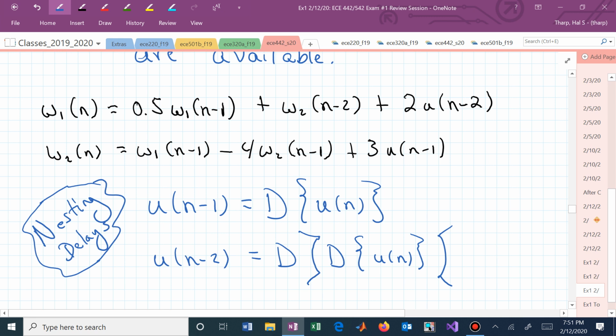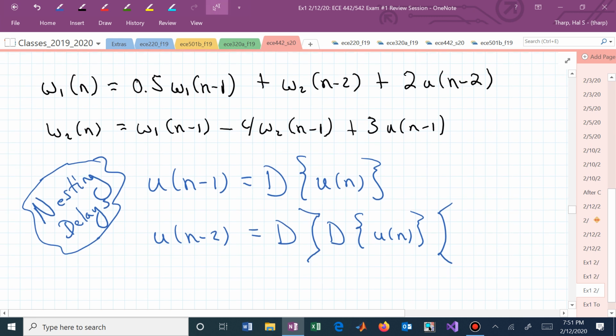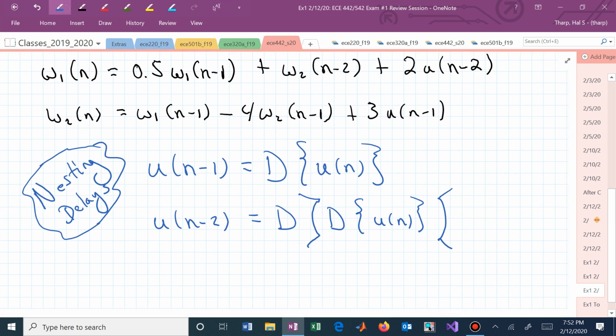I want to now use that to rewrite W1 of n in terms of W1 of n, W2 of n, and U of n with delays. Meaning, W1 of n is going to be a single delay of 0.5 W1 of n.